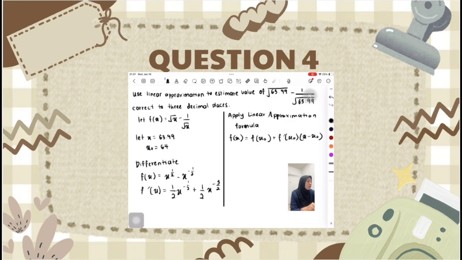Then I'm going to replace the x and x naught in the formula, where first I replace x naught into the original function, plus x naught into the function that we have differentiated times 63.99 minus 64.